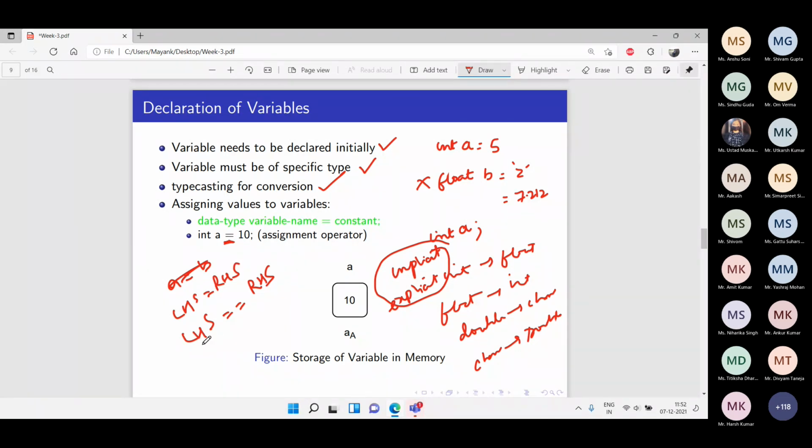Here, you are checking whether LHS is equal to RHS or not. We'll be coming to operators and then we'll study that. So just remember that single equal is used for assignment. Assign the value 10 to A, and assignment happens from right to left. You cannot do 10 is equal to A. A constant cannot be assigned a value. This is wrong. A is equal to 10 is allowed because assignment is right to left and the value 10 is assigned to variable A.